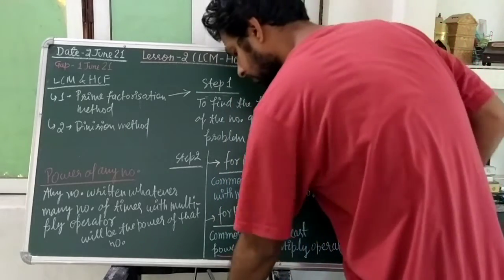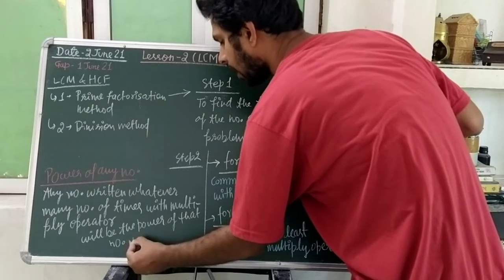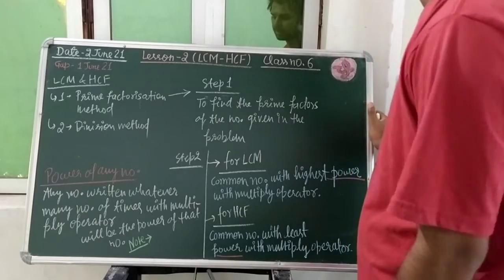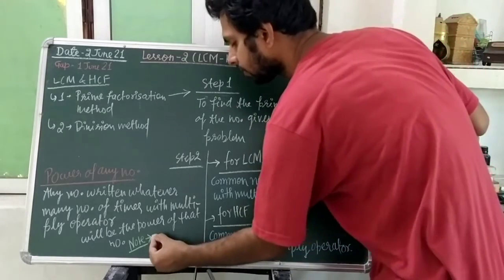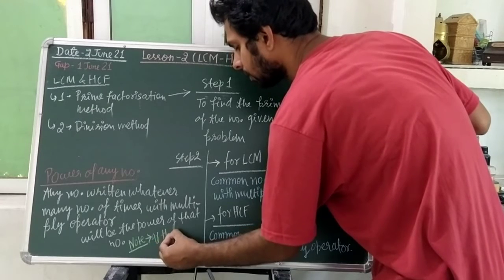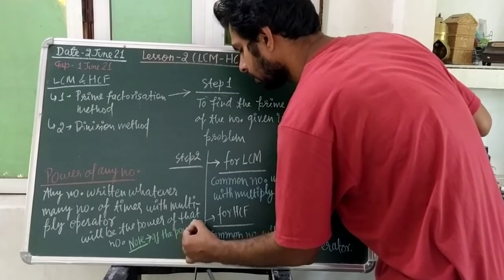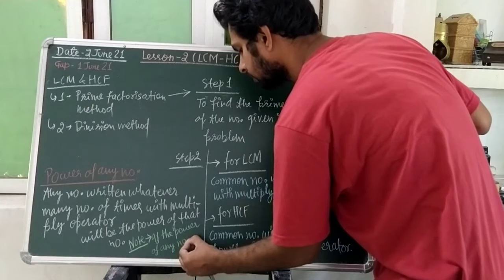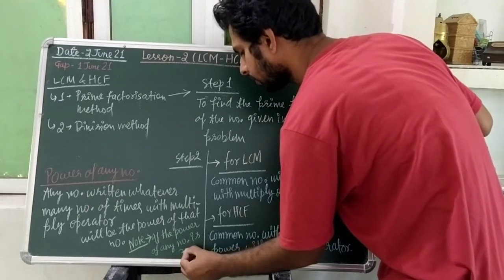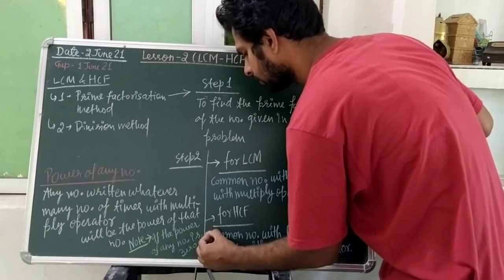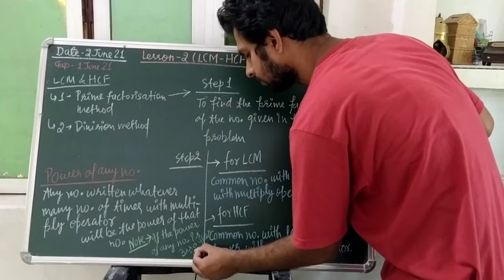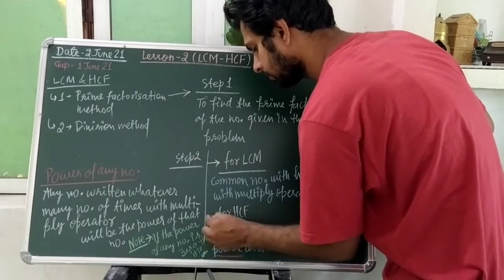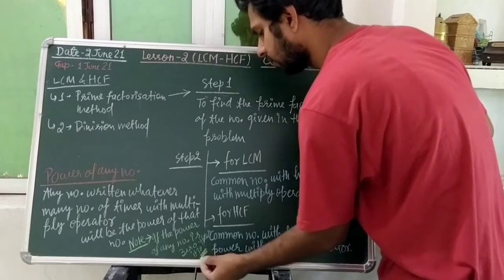And look students, note down one thing which has been asked in your exam in Sainik School class 5th and 6th: if the power of any number is 0, then it is equal to what, students?